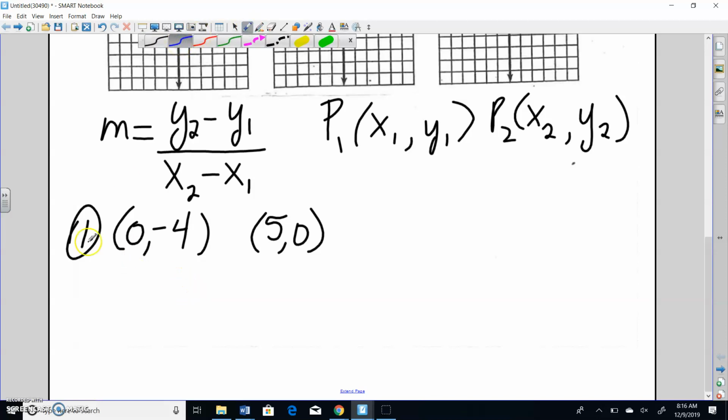Okay, so the first point I list is going to be my point 1. So this is going to be x1, this is going to be y1, this will be x2 because it's from the second point, and that's going to be y2 because it's the y coordinate of the second point.